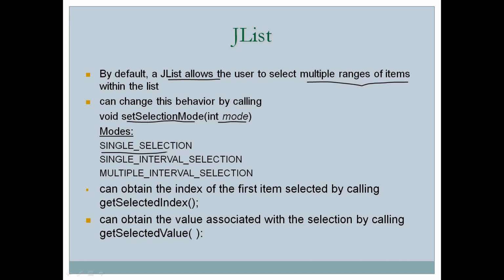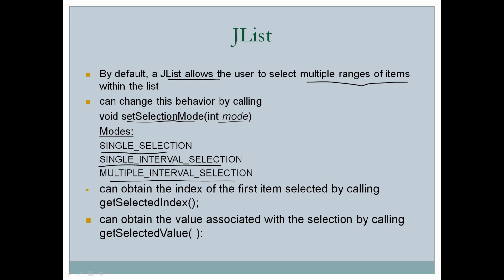We cannot select multiple items from the list. If it is SINGLE_INTERVAL_SELECTION, then we can select multiple items but in a continuous range, meaning items from 1 to 5, items from 5 to 6, or items from 10 to 11, like that. If it is MULTIPLE_INTERVAL_SELECTION, then we can select item ranges in any way we want. We can select the first 2 items, then the last 2 items, then 2 items in between. That is allowed if the mode is multiple interval selection.